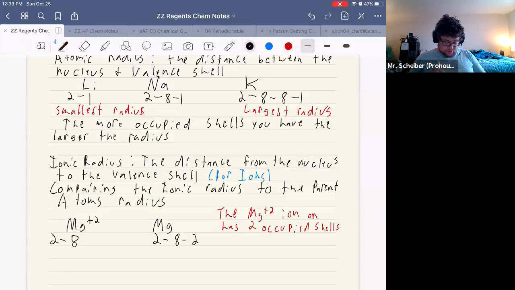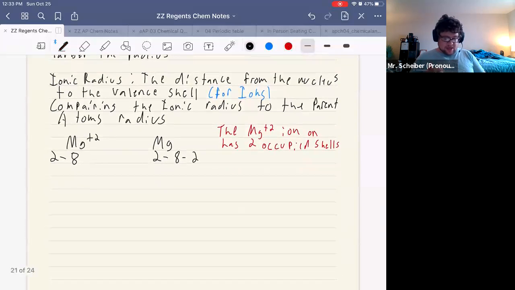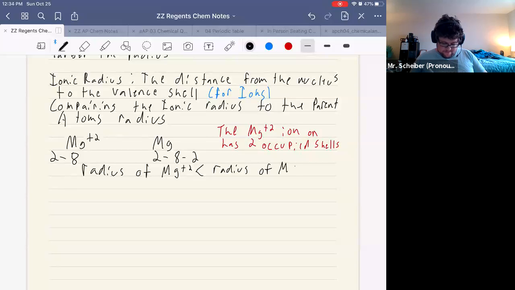So we can conclude that the Mg atom has a greater radius than the Mg ion. So we'll say the radius of Mg plus 2 is less than that of the radius of Mg.